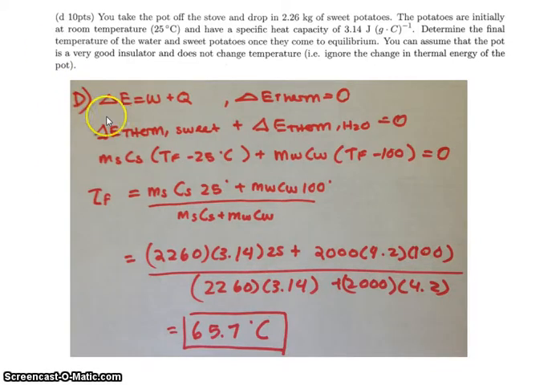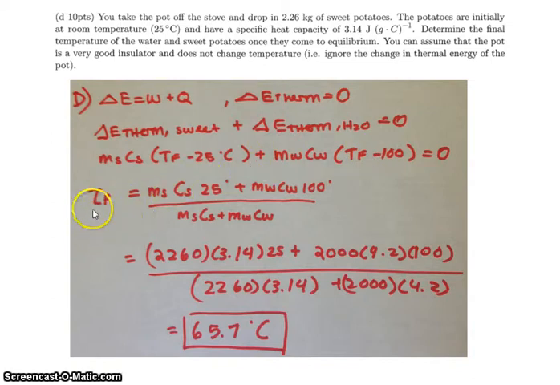So we know that delta E is equal to W plus Q, and we know that delta E thermal, in this case, is 0. So delta E thermal of the sweet potatoes plus delta E thermal of H2O is equal to 0. By this, I mean that the change in total delta E thermal is equal to 0. We know that delta E thermal is equal to m c delta T, so we plug in the respective numbers for the sweet potatoes and for H2O.